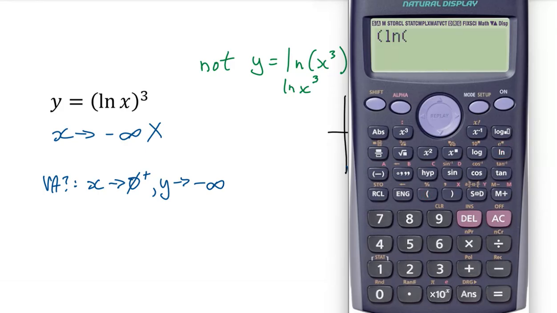I'm going to be careful here. Ln of x cubed. Now, ln is interesting. Oh, not 10. Something close to 0?